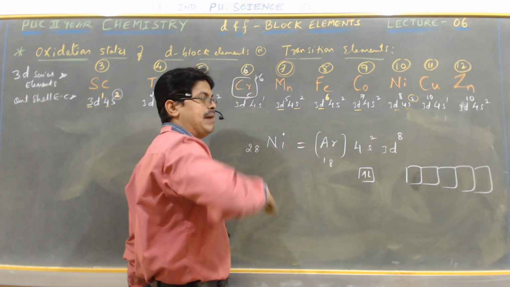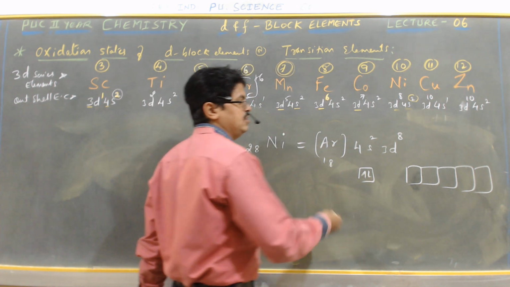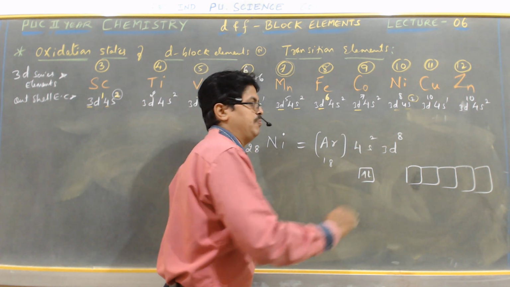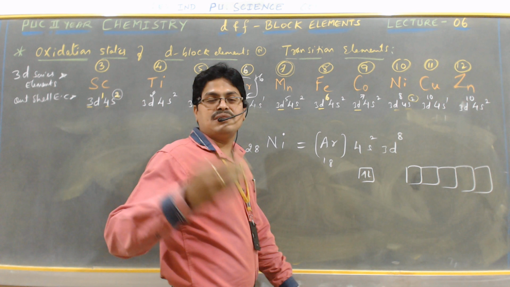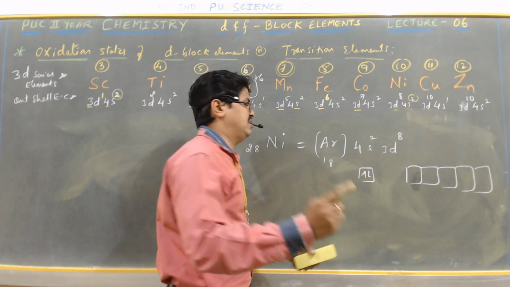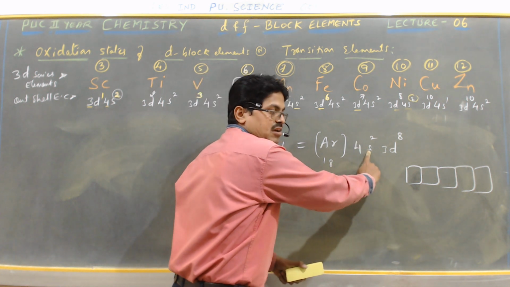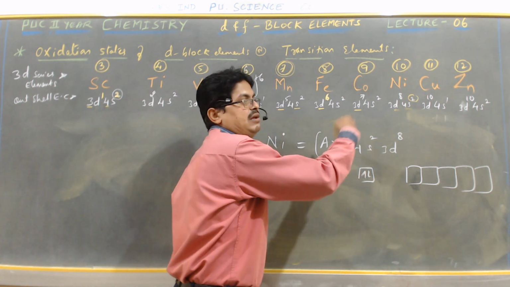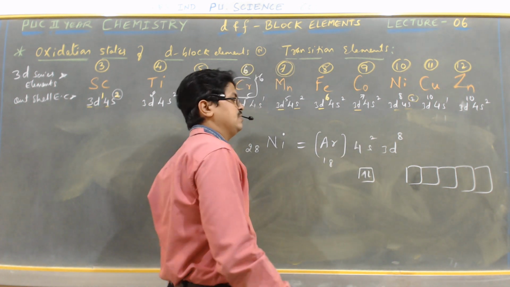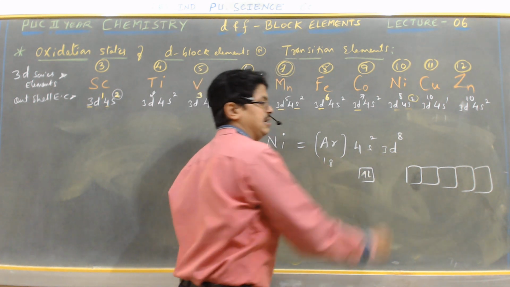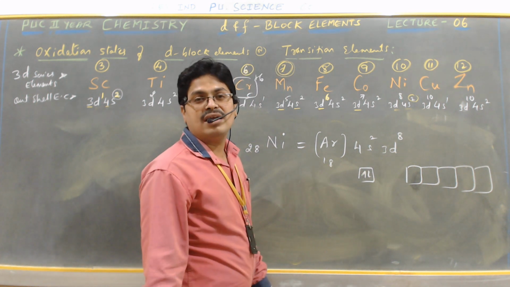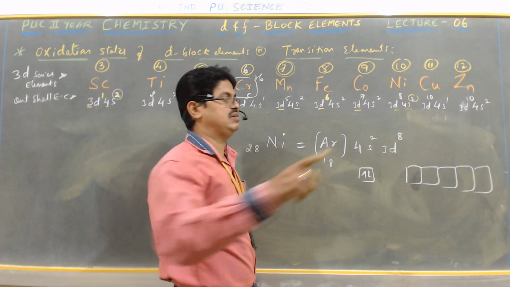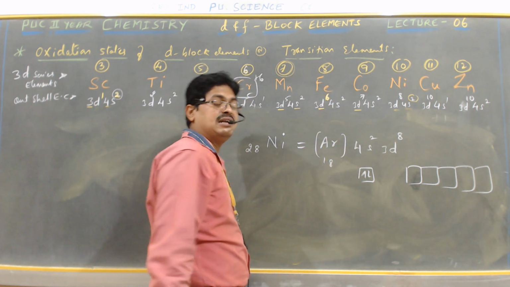The maximum oxidation state is the sum of the number of electrons present in the s orbital of the ultimate shell and the d orbital of the penultimate shell. Especially in the d orbital, it is the sum of the number of unpaired electrons in the d orbital and the s electrons.